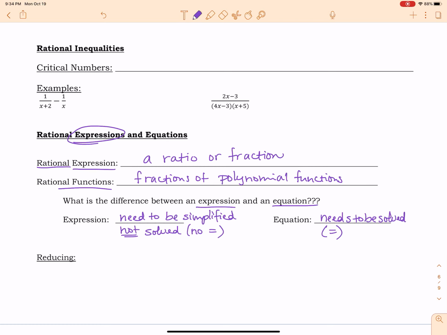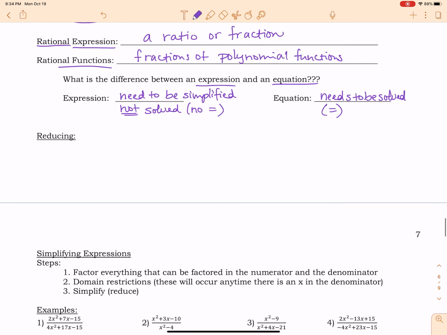So reducing, we need to talk about reducing, and I mentioned this a little bit on the last couple of videos, but please keep in mind that when we're reducing, terms are separated by addition and subtraction. For instance, if I have 3x plus 7, there are two terms here. This is term 1, this is term 2.